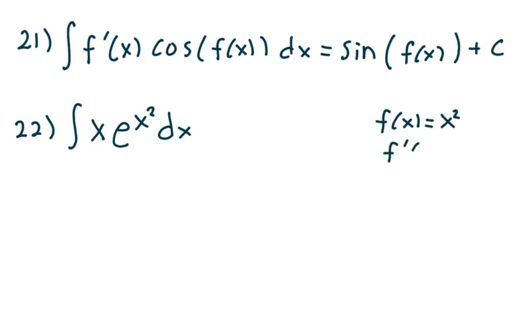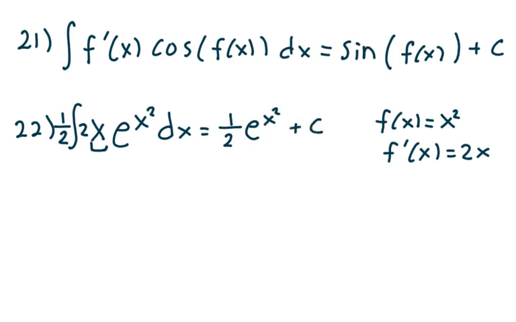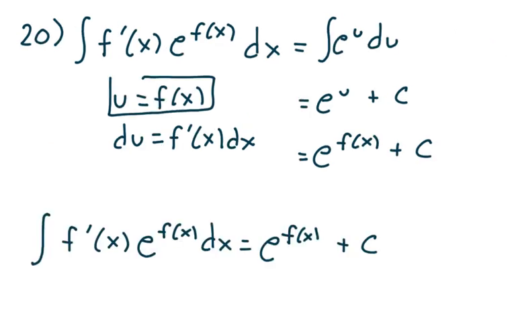The derivative is 2x, but I only have an x, so I need a 2. But I can't just put a 2 without multiplying the integral by a half. Now it fits the pattern, and so what we end up getting is 1/2, that goes along for the ride, times e to the x squared, and then I'm going to add c. So you notice it fits the pattern over here on number 20.